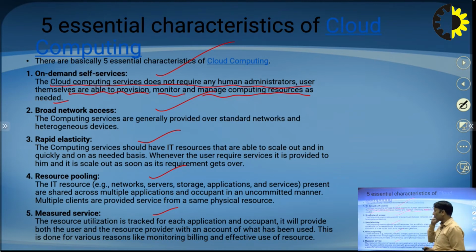Then the other is broad network access. That is an essential characteristic. Sometimes you can also say this is a limitation, because if the network is not strong, then you cannot access the service at all.